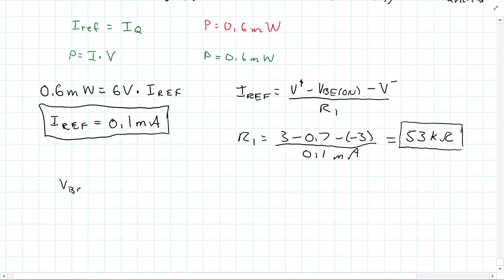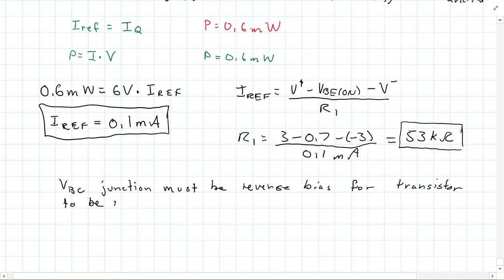The base collector junction must be reversed bias for the transistor to be in forward active mode.